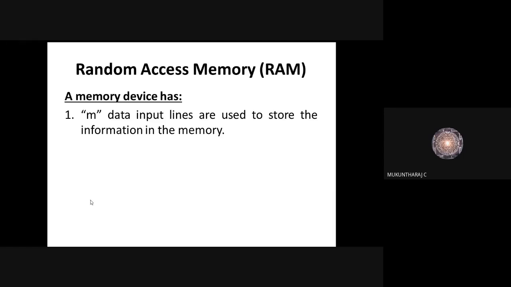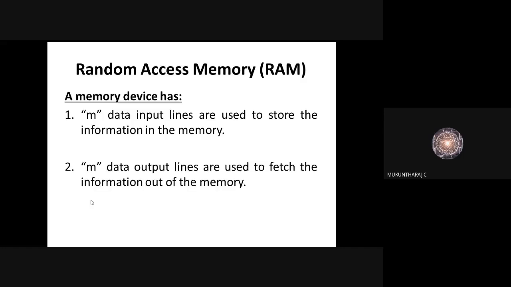If you are storing information which is 64-bit, then the M value is 64. If the input data is 64-bit, the output data is also the same in length, 64-bit. Here, input lines and output lines are both equal in length.